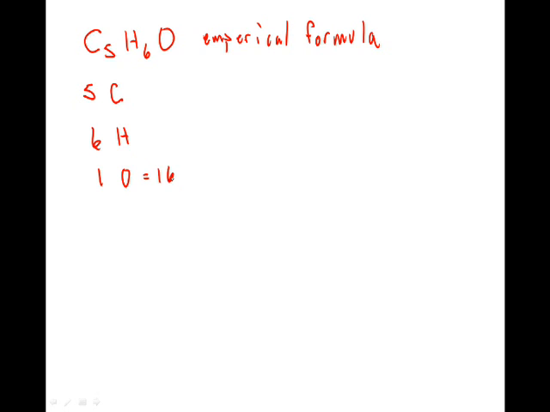So this is 16.00, this is 6.06, and I should know what 5 times 12 is. That sounds like 60, doesn't it? And actually, I probably should use 12.01. So 60.05.